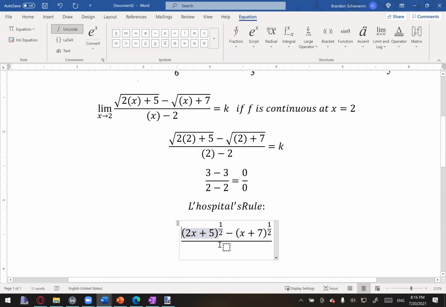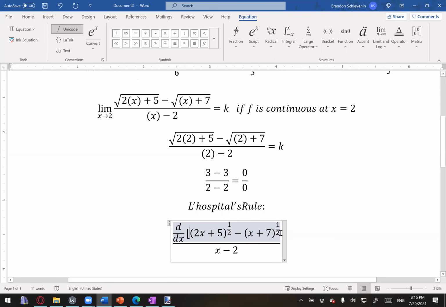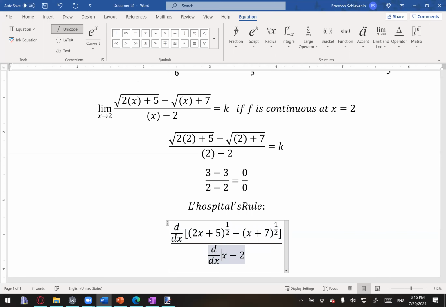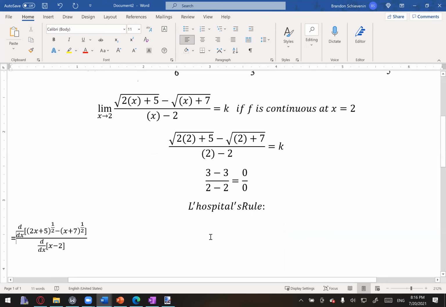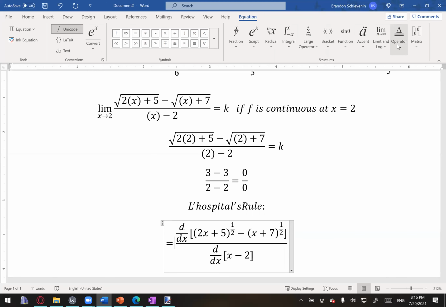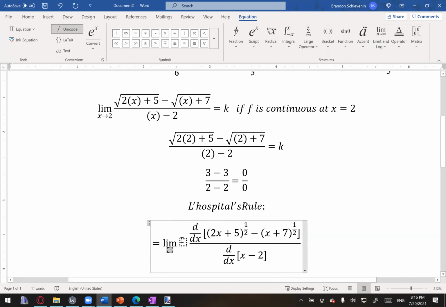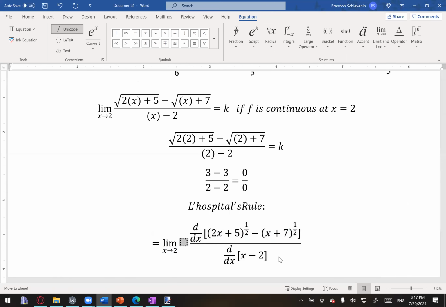So we're over x minus 2. I want to derive the top and bottom separately for L'Hospital's rule. It'll be 1/2 times 2x plus 5, over 1.